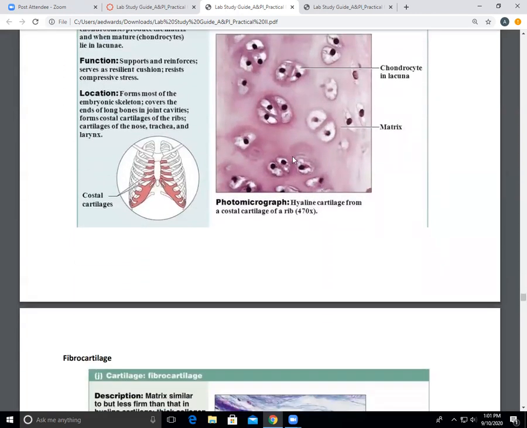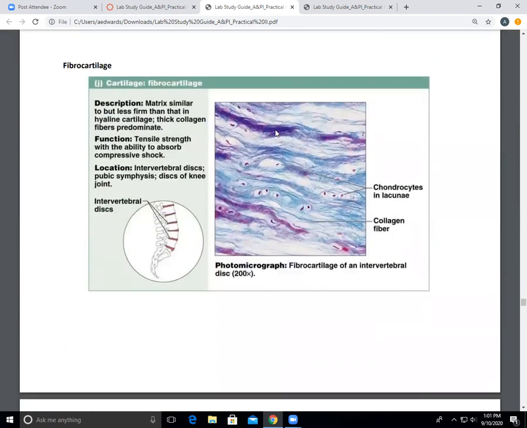Usually, depending on what you stain it with, it has this pink stain. Now here's another example. Again, you can't memorize it as pink because if you use a different staining agent, here it's staining more blue.